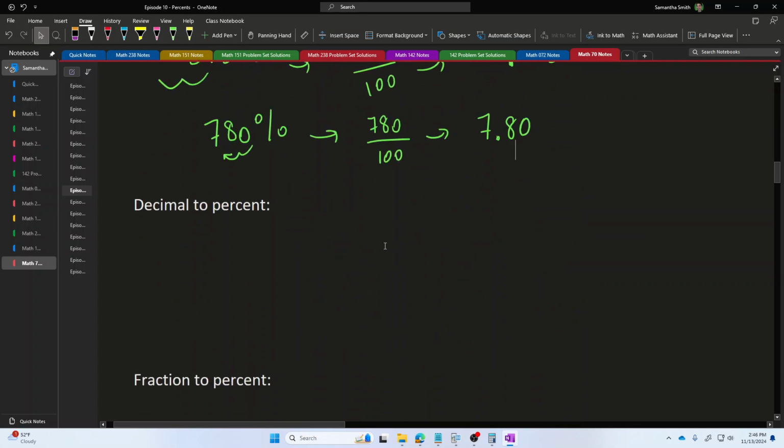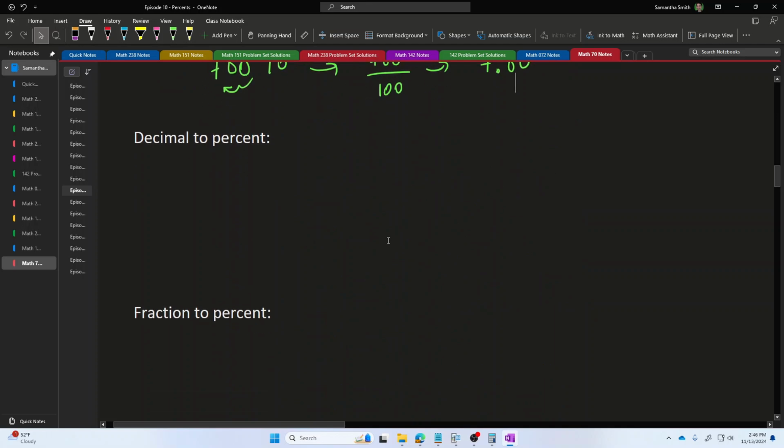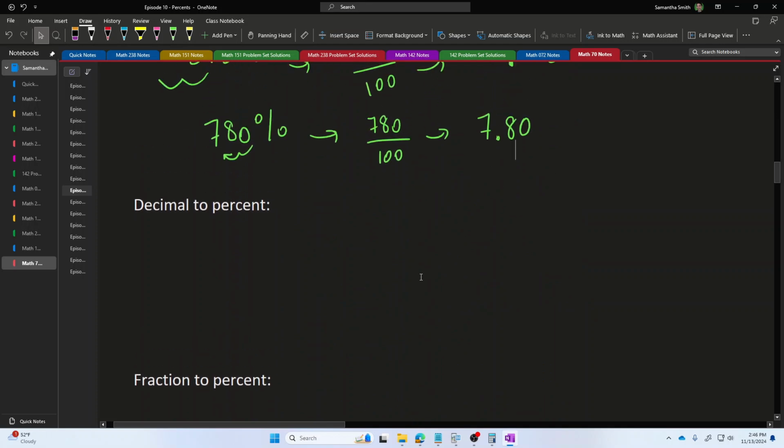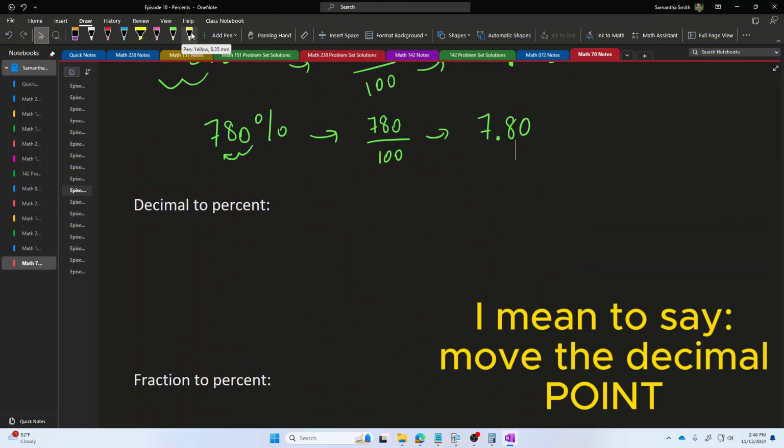Now, if you have a decimal number and you want to turn it back into a percent, then all you have to do is move the decimal place in the opposite direction. Move the decimal place to the right.